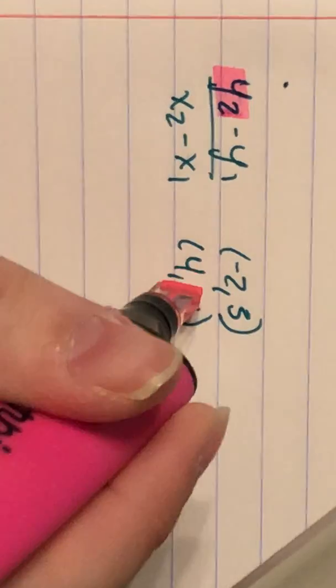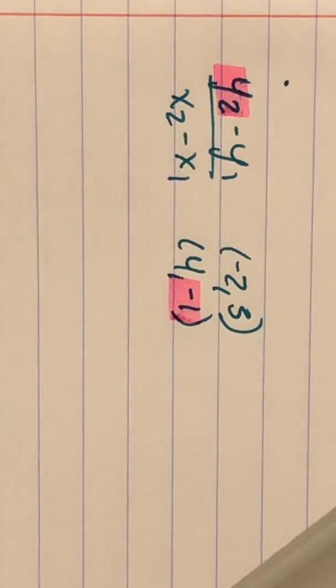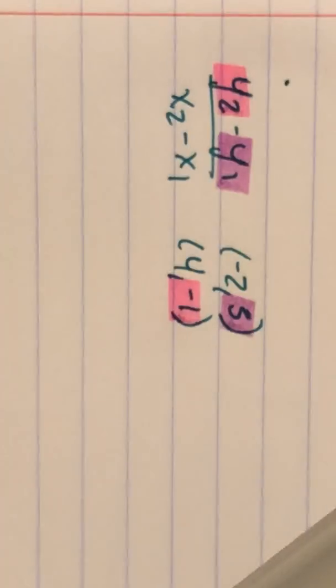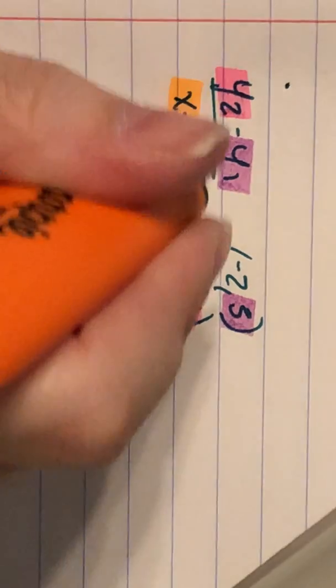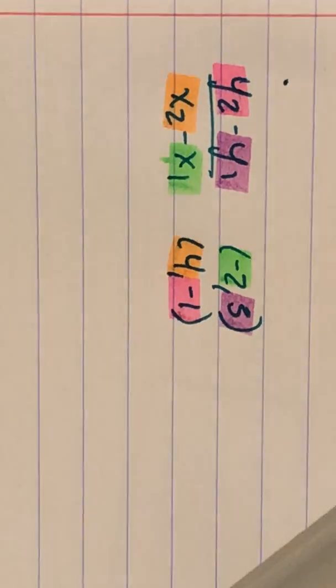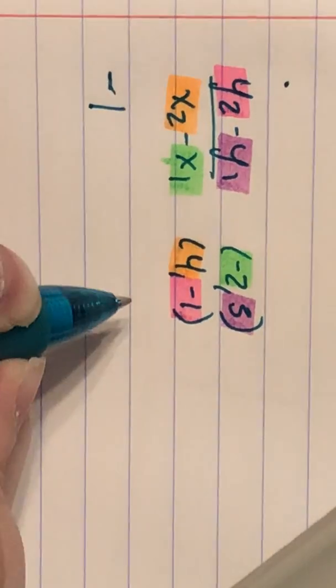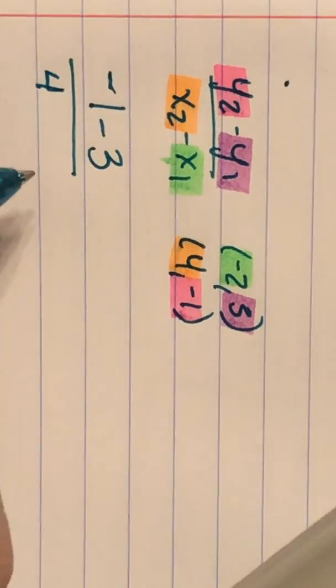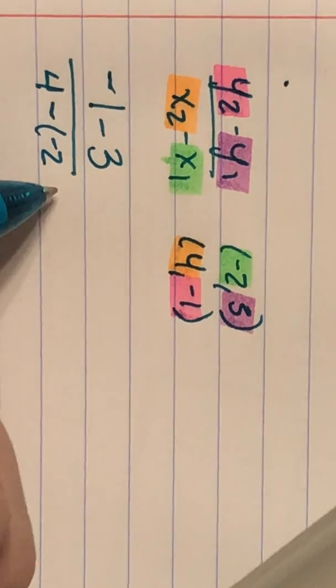So y2, my second y point that I was given, is -1. y1, the first y point, is 3. Then x2 minus x1. So I'm going to take -1 minus 3 over 4 minus -2.